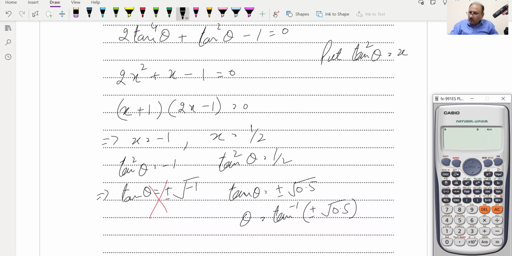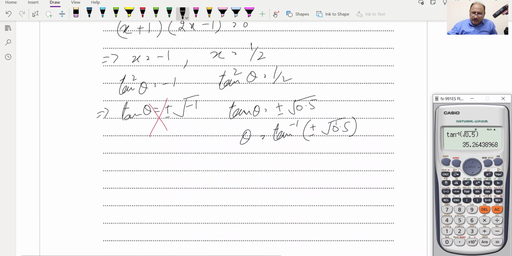If we calculate this root, shift tan of plus, we can take first, 0.5, and this is in radian mode, so we'll change into degree mode. Now we can find this is equal to 35.26.